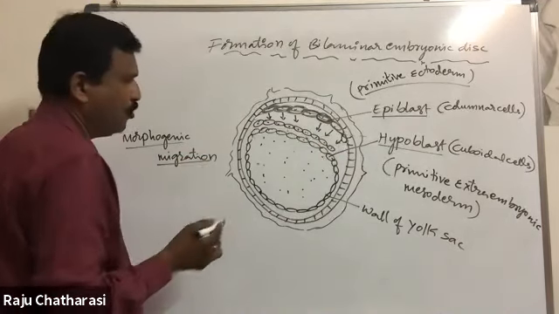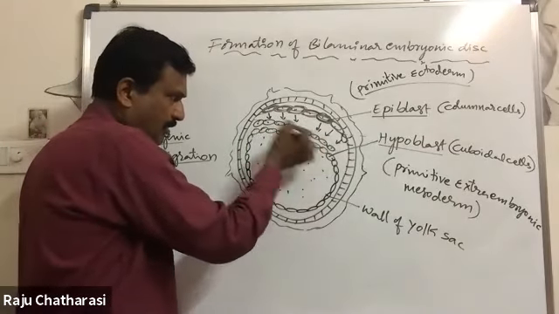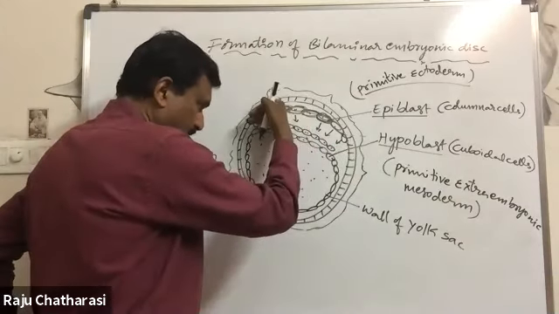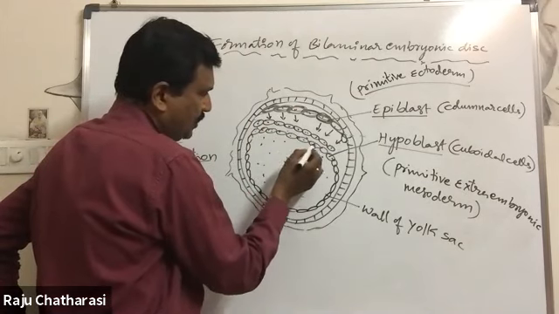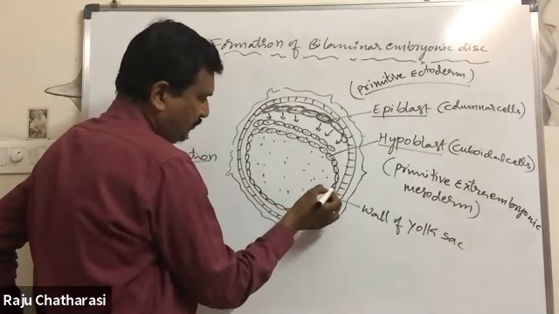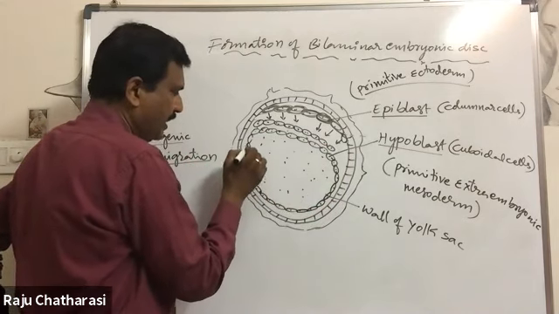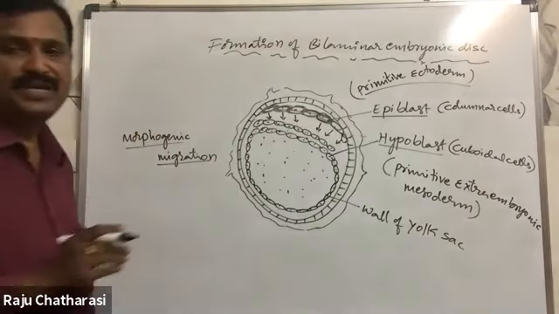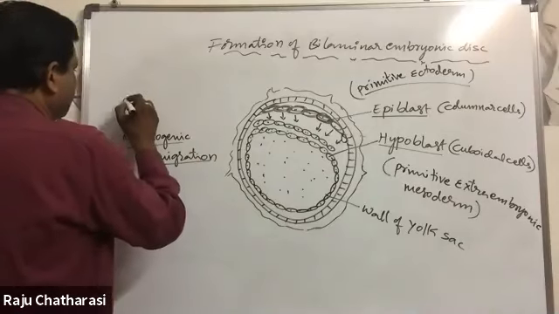Movement of these cells from epiblast to the place of hypoblast, while hypoblast descends down and forms the wall of yolk sac, is called morphogenic migration, and the formation of these layers is called delamination.